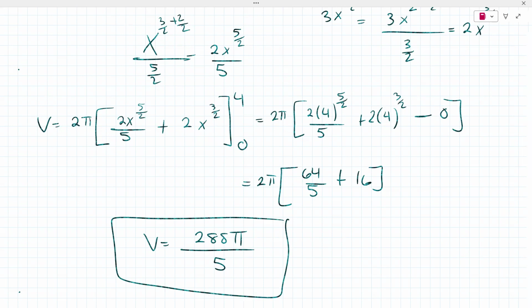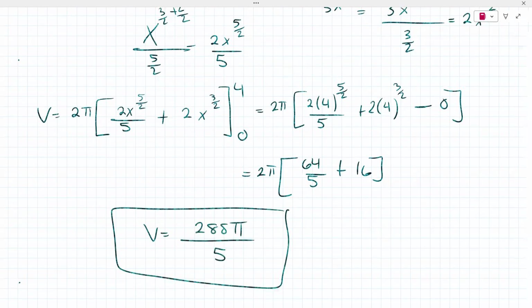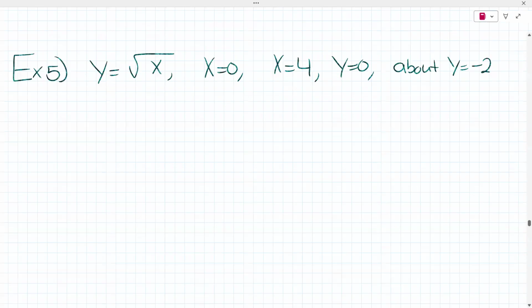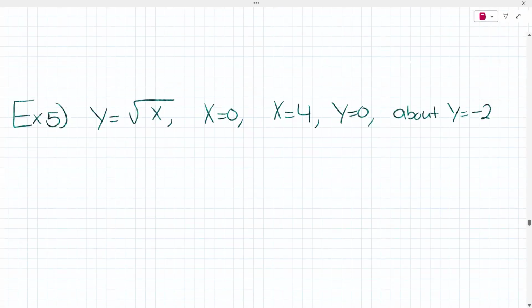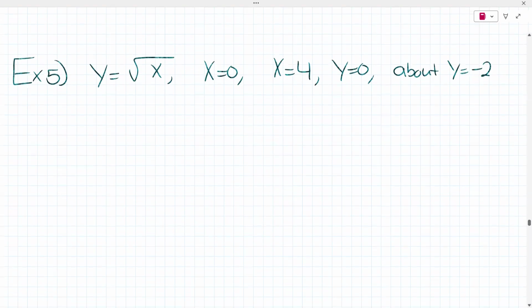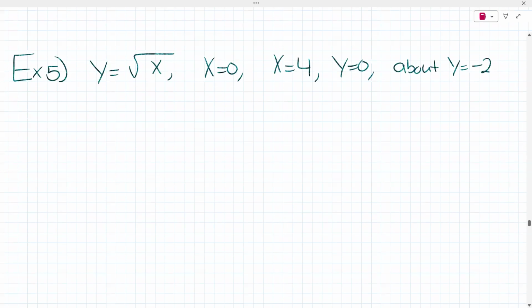Okay, let's do a few more examples and then we'll be done. Example 5 says y equals square root of x, x equals 0, x equals 4, y equals 0, and then we're revolving about the line y equals negative 2. So we're pretty much using the same problem, but we're just revolving it differently.